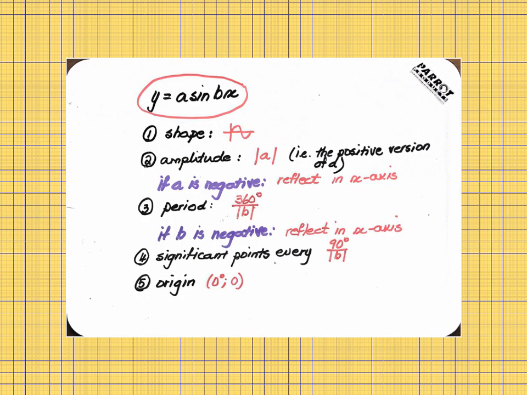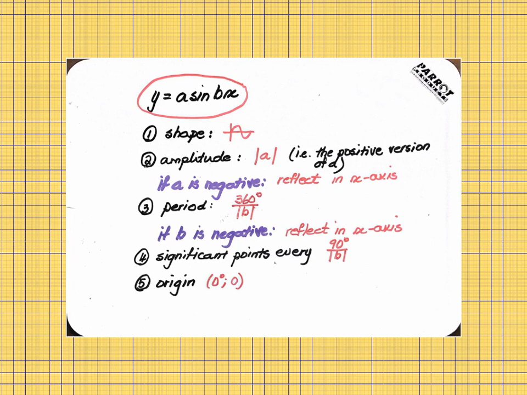Here is the whiteboard note that summarizes the general function y is equal to a sine bx. And it just goes through the 5-point plan so that you can draw it every single time. The shape you've got to decide whether it is reflected in the x-axis. The amplitude is always the absolute value of A, the positive version of A. If A is negative, you reflect in the x-axis.